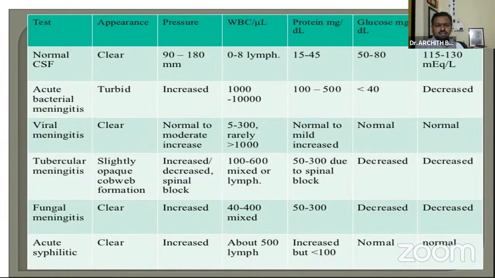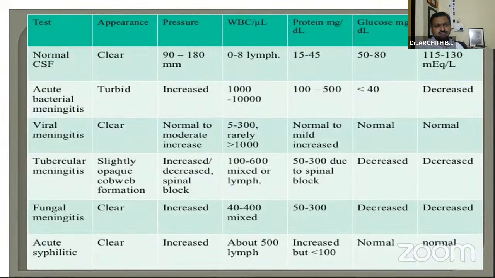Then you're going to do all the evaluation. Very importantly, they'll ask you the features. The tests we do are glucose, protein, cell count and cell type, and you'll have specific patterns in the various conditions. Lymphocytic meningitis includes viral, tubercular, chronic fungal and syphilitic meningitis.